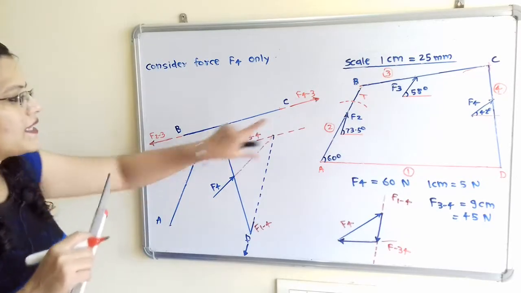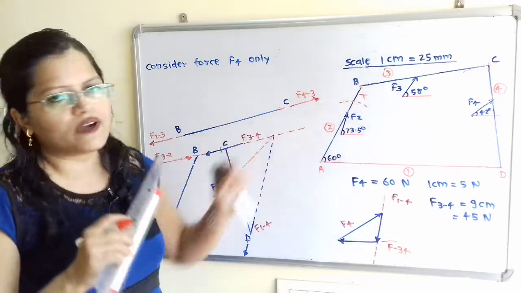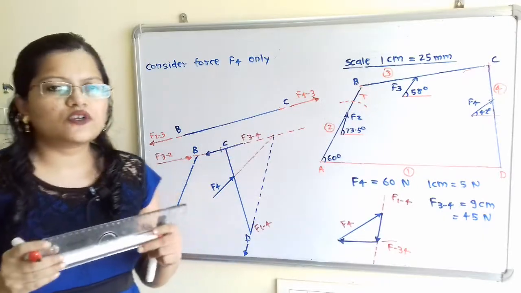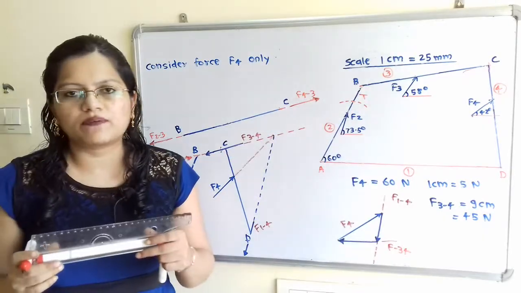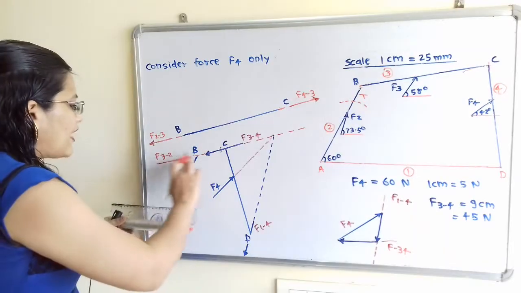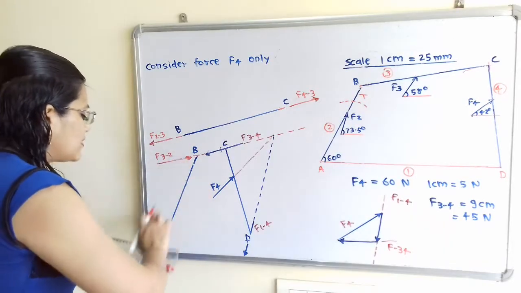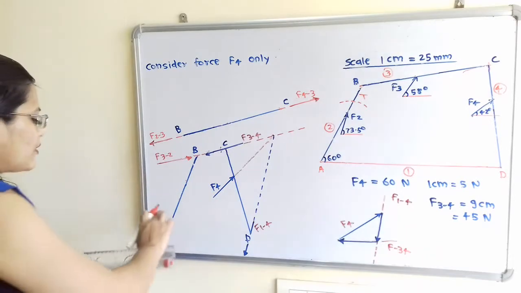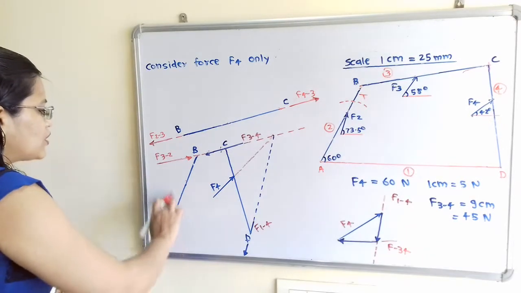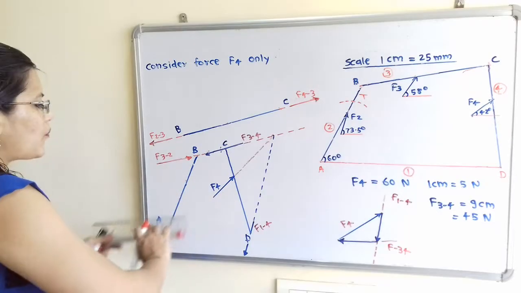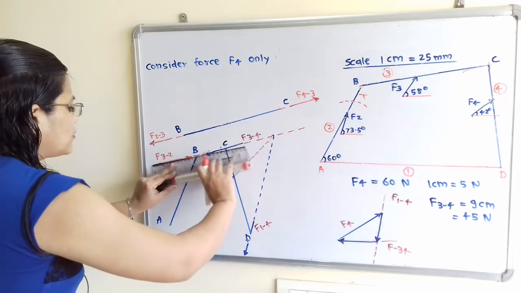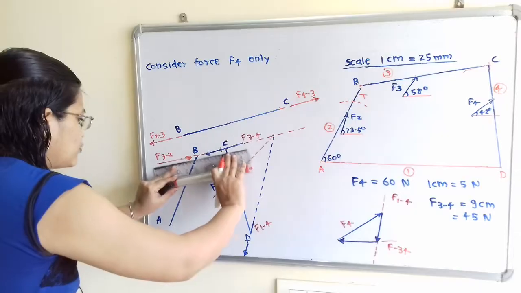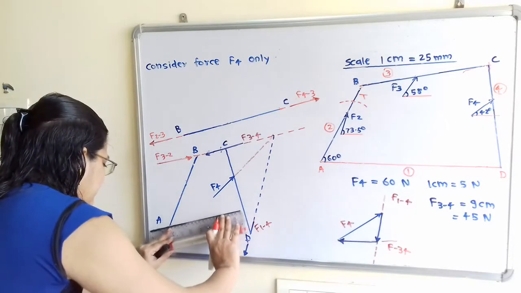Now this member AB is a two force and one torque member. So what is the rule for a two force and one torque member? The line of action of the forces acting on this member are parallel. So we have to show here the line of action of the force passing through point A parallel to this F32. So this is the parallel line.